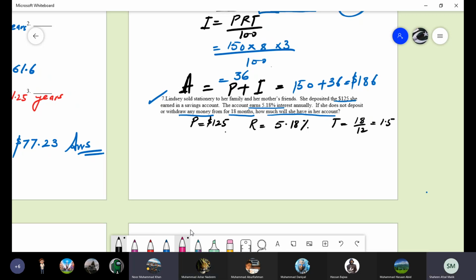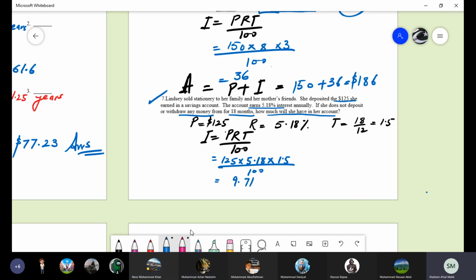We have to find out the total amount after 18 months. So first of all, we have to find out the simple interest. I is equal to PRT over 100: 125 multiplied by 5.18 multiplied by 1.5 over 100. Answer? 9.71.